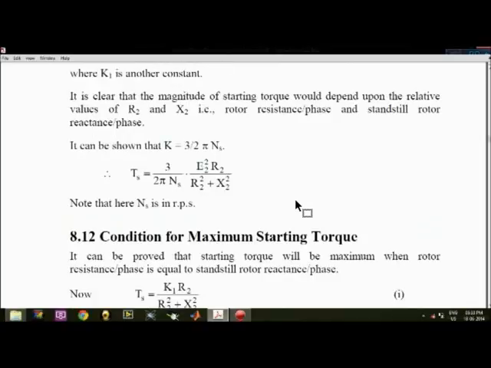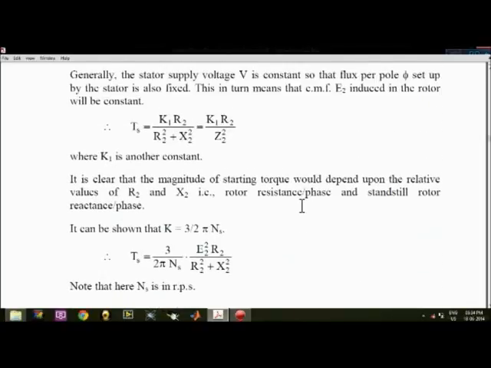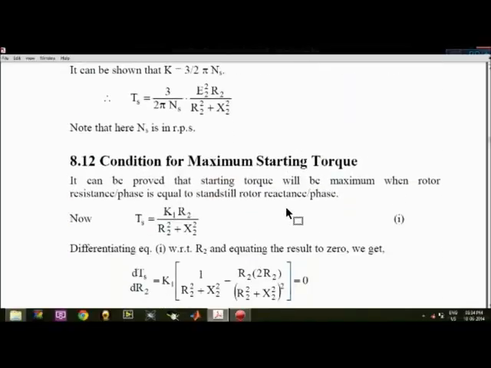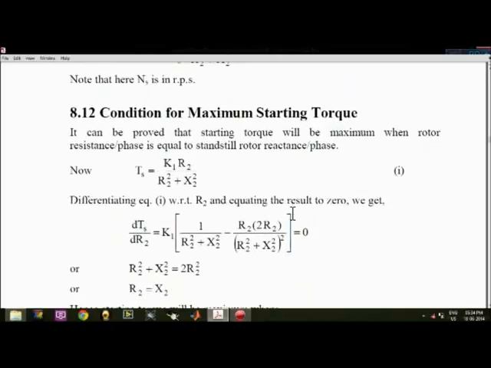It can also be shown that K equals 3 by 2 pi ns, and the starting torque is 3 by 2 pi ns into E2 square R2 by R2 square plus X2 square. You can refer to books for this derivation if you want. These are the basis of the numerical purpose.